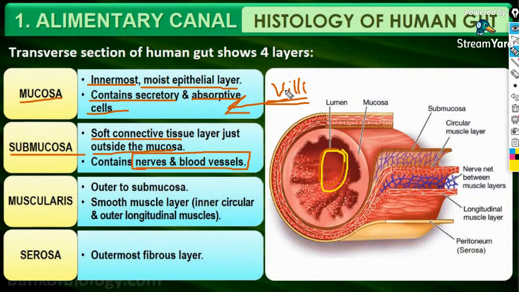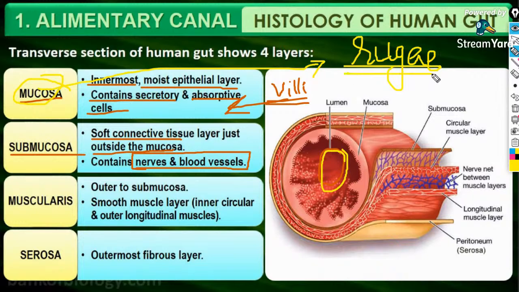And in this mucosa you will also find structures like rugae. Rugae and the like are found in the mucosal layer itself. I hope it's perfectly clear for everybody. Yes, so let's move on.